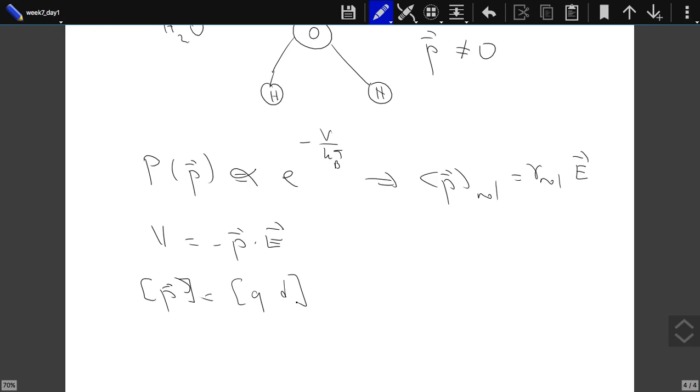What is the dimension of gamma? Let's see, what is the dimension of the dipole moment? Q times D, which is statcoulomb meter.